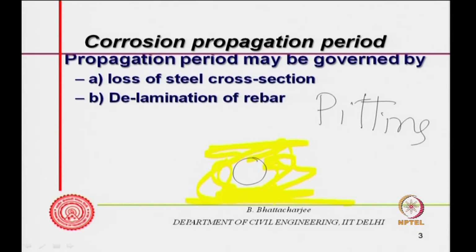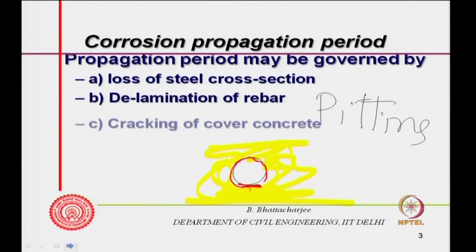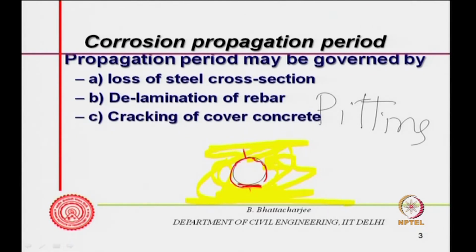Let us say this is the bottom side and there is a delamination from the rebar. The bar gets separated, the bond is lost and it gets delaminated. That could be a second scenario, and the third scenario is cracking of cover concrete.